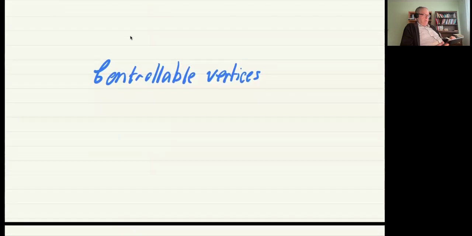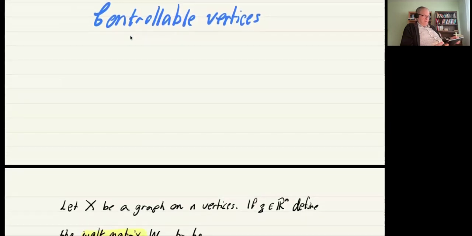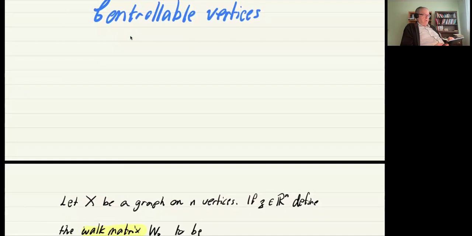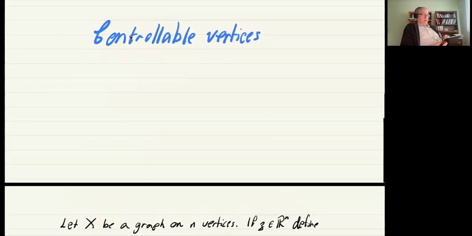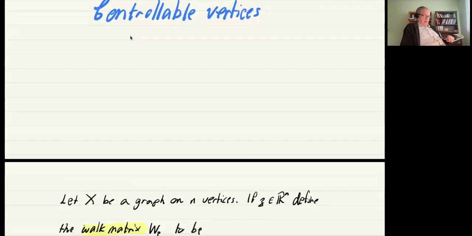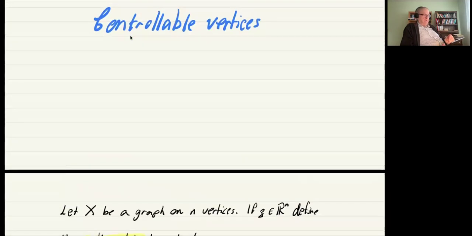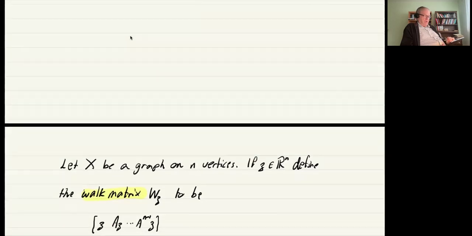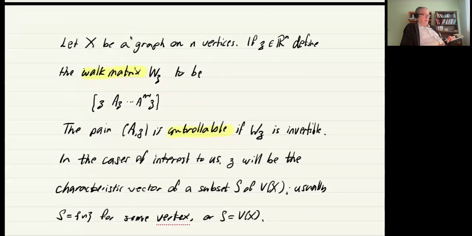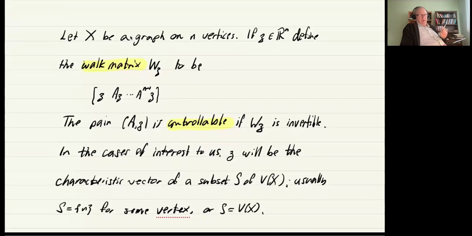Okay, so this is in a certain sense, well, not unrelated, but you can think of it as a newish topic. I want to talk about controllable vertices in graphs. You can view this as straight algebraic graph theory, but then we'll be applying it to get some more information about perfect state transfer towards the end. The terminology actually comes from control theory, but you don't need to know that, so we can forget about that.